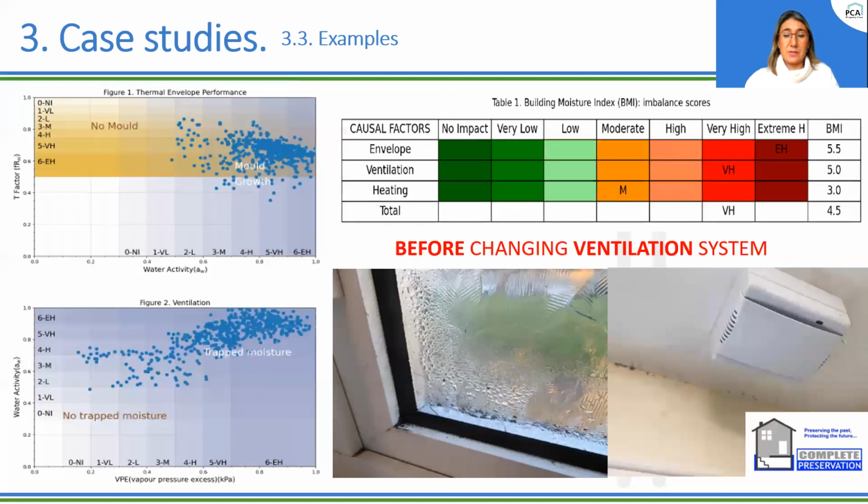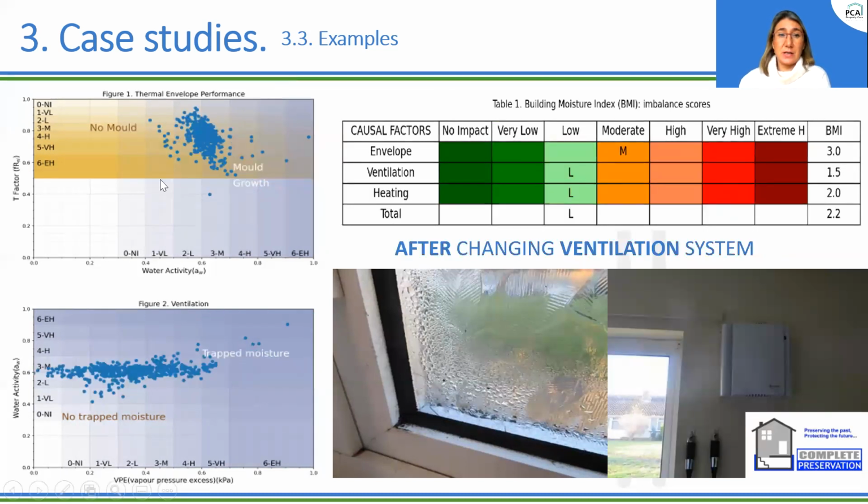So we can see the difference before, how the data falls in an area with risk of mold growth and trapped moisture from a poor ventilation. And then we can see the difference, how the data moves to an area that is safe of mold growth and not trapped because the ventilation has been corrected.